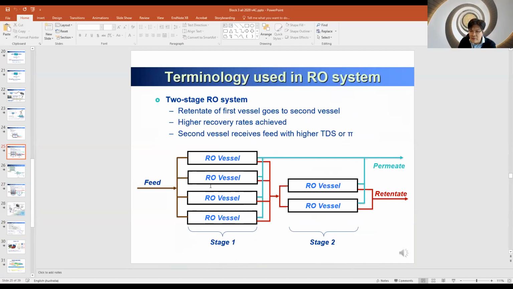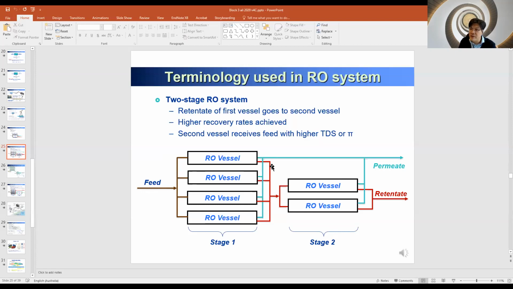But retentate, the red line, has a very high concentration after RO stage 1, and then you need to recover more water. In this case, you can collect it in your second stage. So the retentate, let's say 35,000 milligram per liter of seawater, passes through stage 1, and then you have around 60,000 milligram per liter.